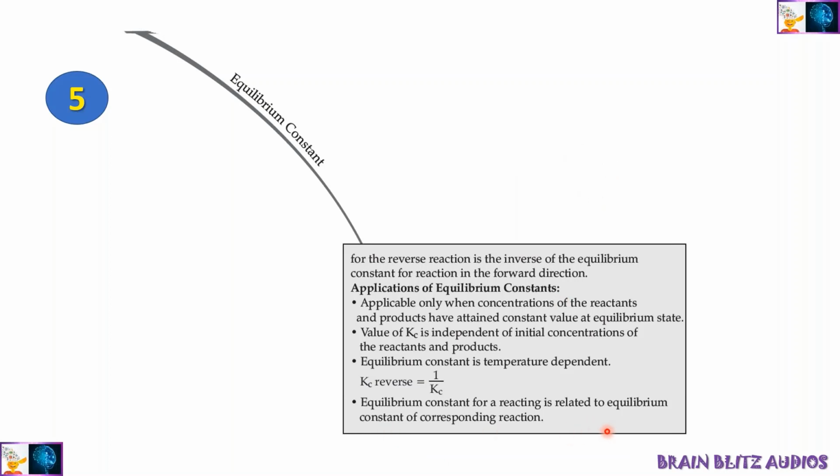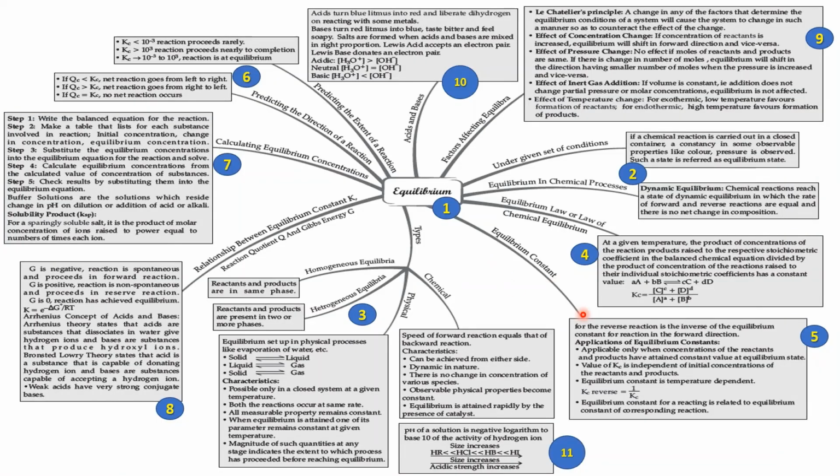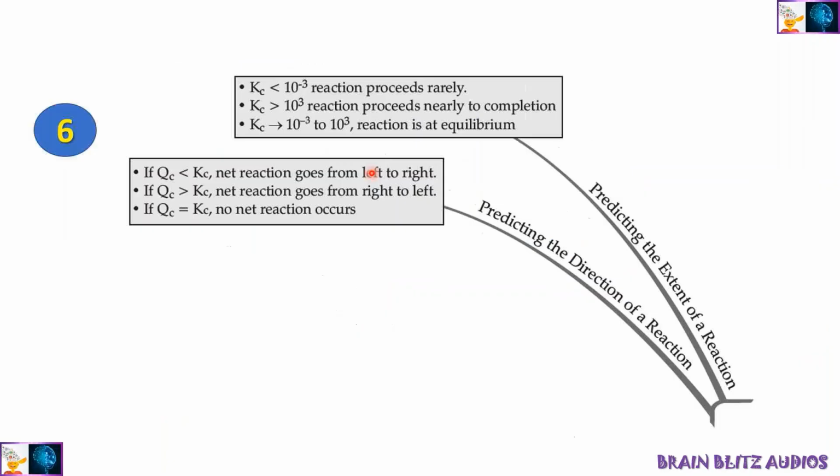Now, from equilibrium constant, we move on to the next stage, predicting the extent of a reaction and predicting the direction of a reaction. To predict the extent at which the reaction moves, as in how much of the reaction is complete or not complete, we use the following three conditions.